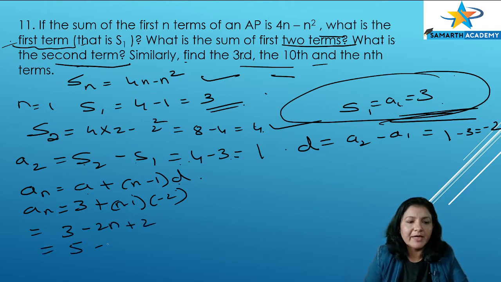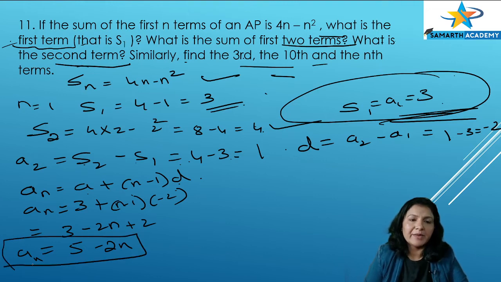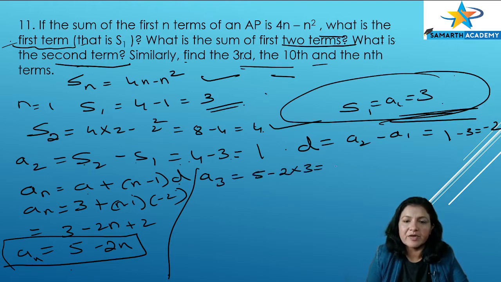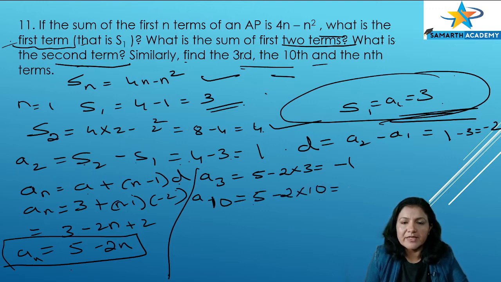So 5 minus 2n. An, the general term, is 5 minus 2n. Whatever you want, put n is equal to 3, you will get third term. Put n is equal to 10, you will get the 10th term. So let's find here. A3 is equal to 5 minus 2 into 3, that is 5 minus 6, is minus 1. Again what he is asking, A10. A10 is 5 minus 2 into 10, that is 5 minus 20, minus.